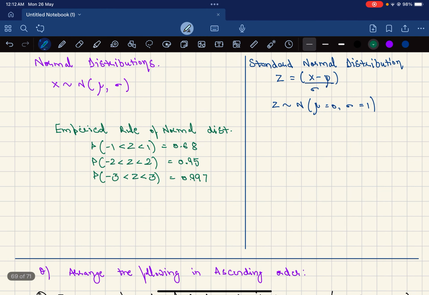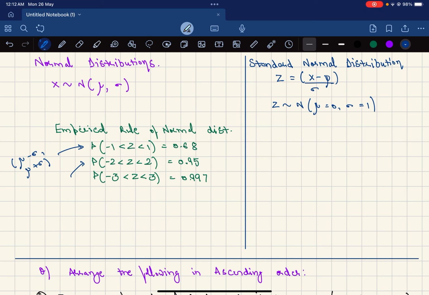Then we also looked at something called the empirical rule of the normal distribution, which has 3 standard rules. The rule states that the probability that x lies within one standard deviation from the mean, that is between mu minus sigma and mu plus sigma, is 0.68.